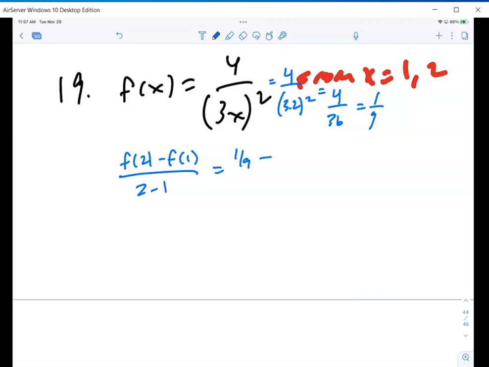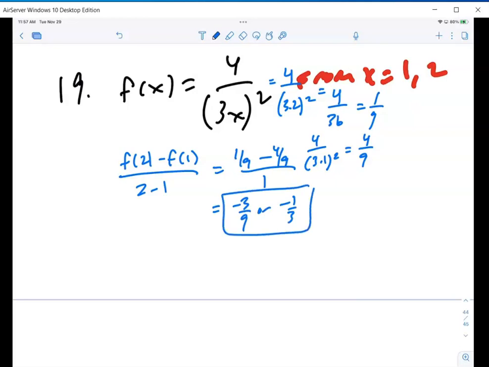Okay, for 1, it'll be 4 over 3 times 1 squared, which is 4/9, all over 2 minus 1. 1/9 minus 4/9 is -3/9 or -1/3. That is your average rate of change. That's the slope between 1 and 2.